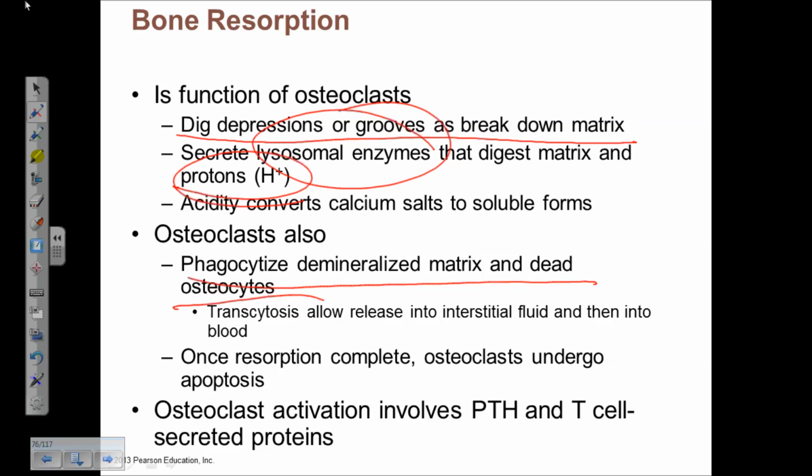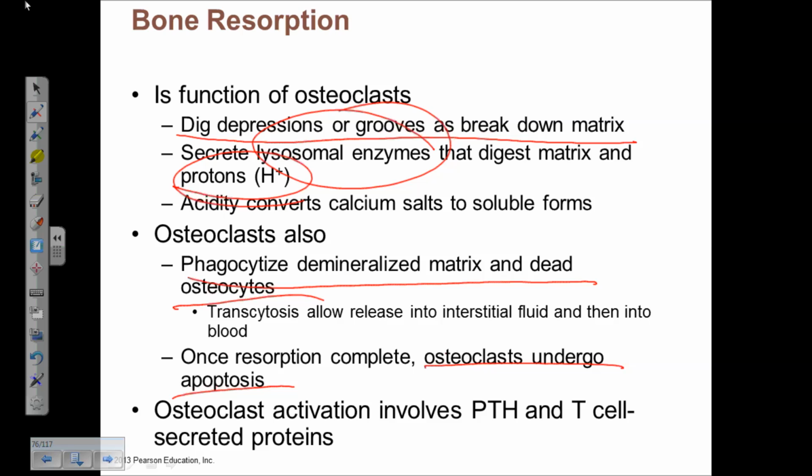When resorption of a certain area of the bone is done, osteoclasts will die. Why do they need to die? What happens if they don't die? What do you think? They just get weaker and weaker. Right? If osteoclasts don't die, what happens to the bone?